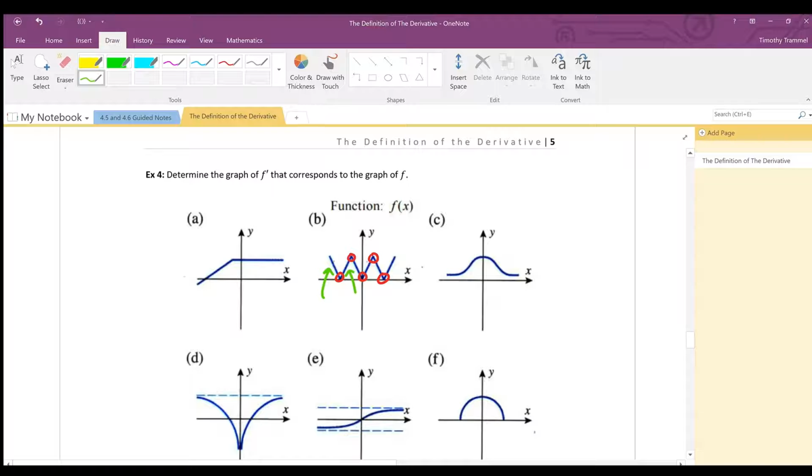So horizontal lines, right? Because all of these are linear, and when you take the derivative of a linear function, you're just left with its slope. Okay, so let's see if we can find anything that seems to fit that description.